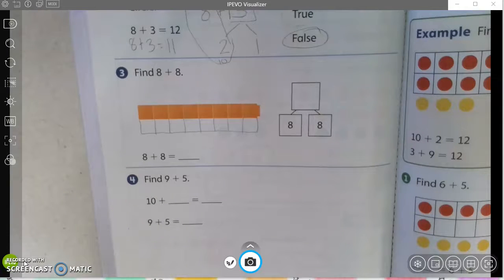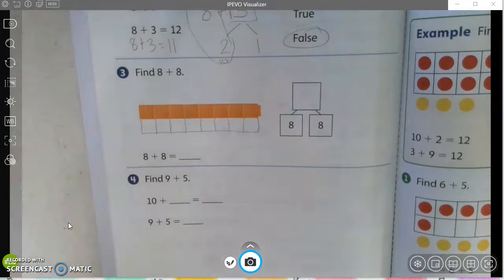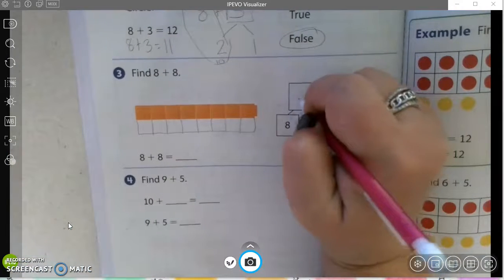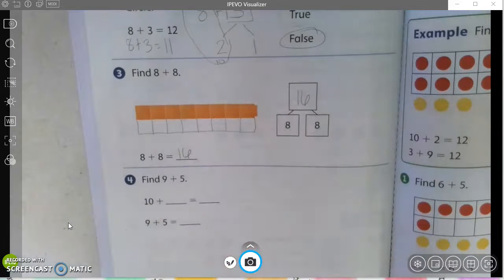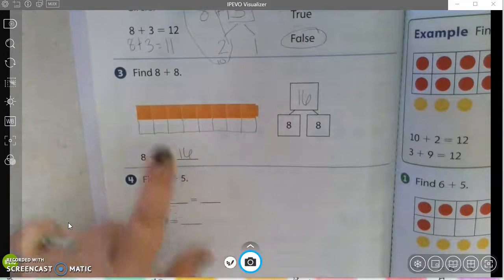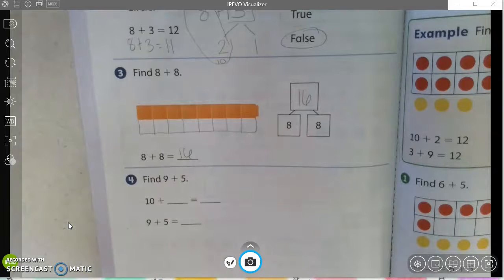What does 8 plus 8 equal? If you count your squares, 8 plus 8 equals 16. Okay? We're not labeling this answer because this is just a math problem and it doesn't say that we're talking about a number of any items. It's just a number equation, so we don't have to label our answer.